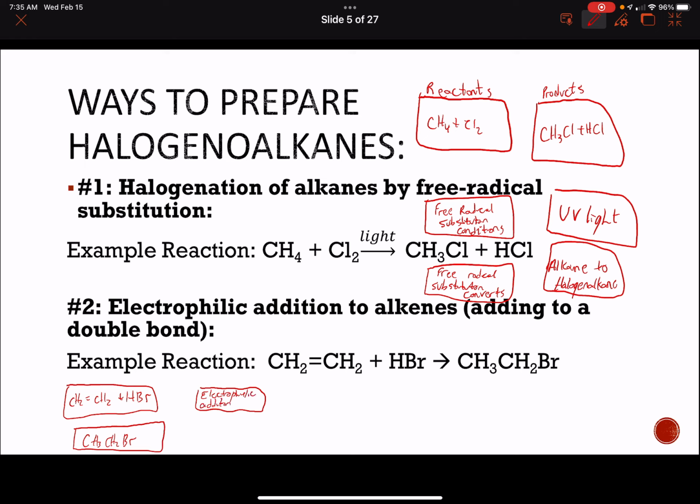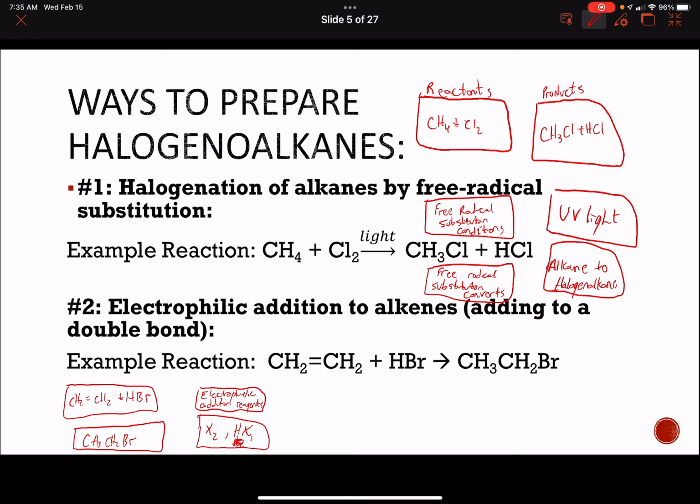And here, there really aren't any special conditions, so I would just say electrophilic addition reagents instead, because you would need to know what your possible reagents are, and it would be X2 or HX or H2. There are a few. You'll need to go back into your organic part 1 notes and add in any others. Actually, I would just put X2 and HX.